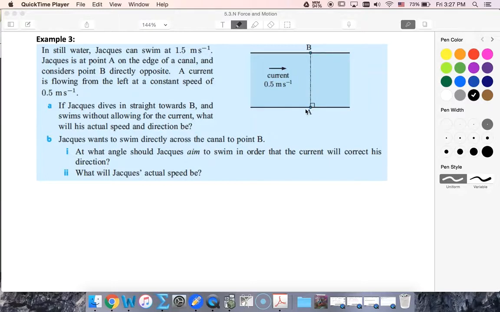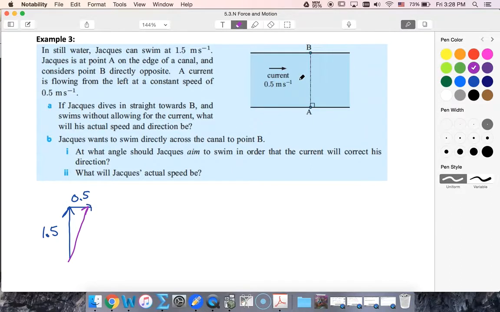So if we think about this, our resultant vector is going to be Jacques swimming at his speed of 1.5 meters per second, and the current is going to push him 0.5 meter per second. So his resulting vector is going to be this way.